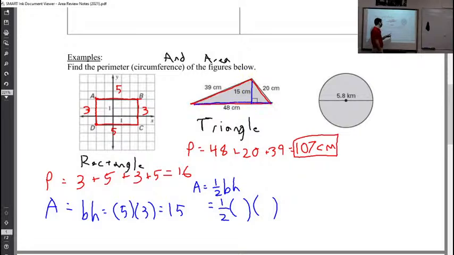There's my base, there's my height. They're perpendicular to each other. So this is my height, and this is my base. So 1/2 times 48 times 15, which should be 360.